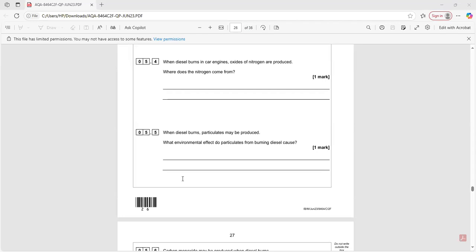It can affect global. Okay, what did you say? It could affect what? That could cause global warming.